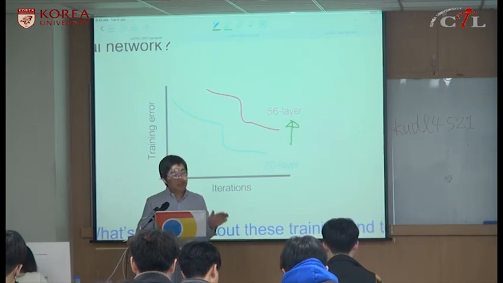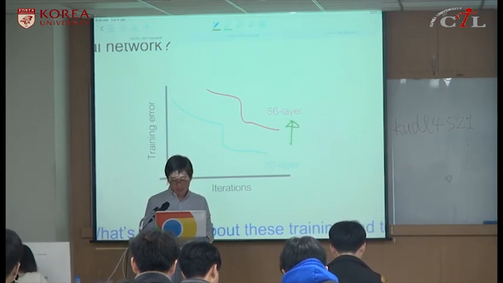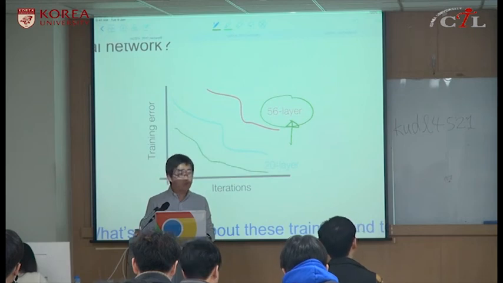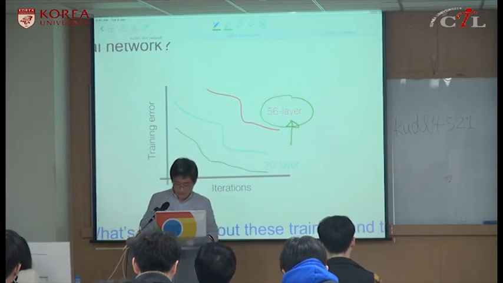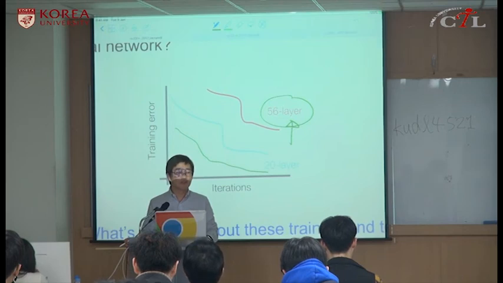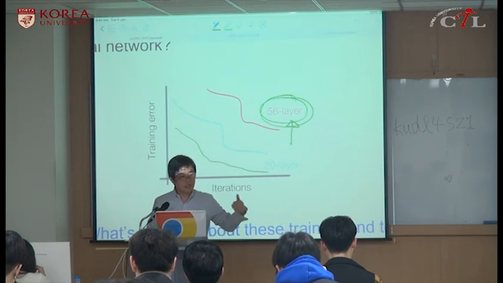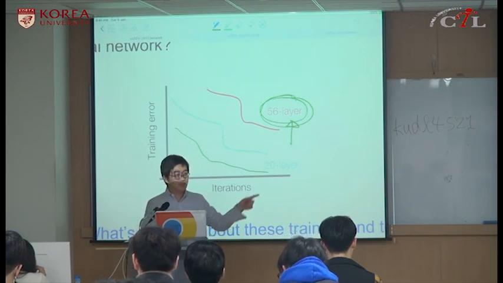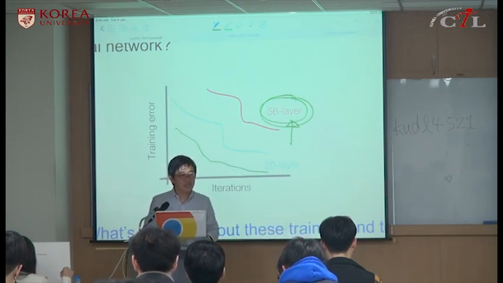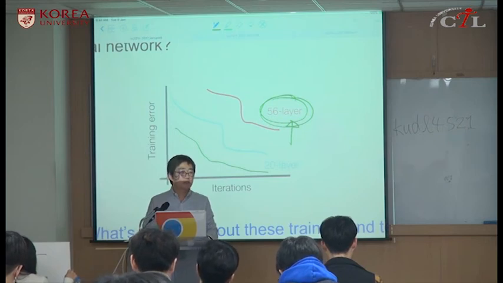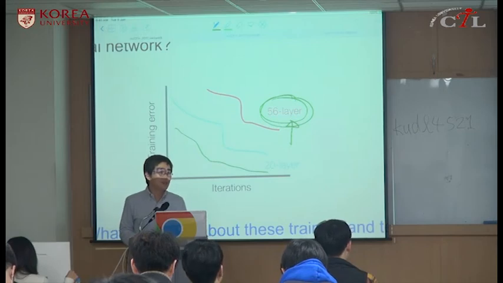At least in the case of training errors, this complex model should be below the simpler model's error, right? But people actually tried this by stacking more and more layers, and they found this weird or strange phenomenon.